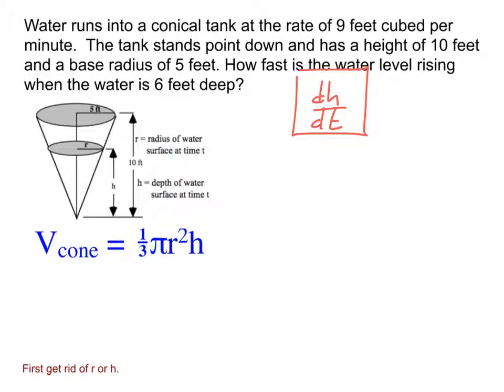The only way that I'm not going to end up with dr over dt is if I eliminate r from this equation. Well, remember earlier we were able to figure out what r equaled, right? We can actually use some of that information because I know that 5 over 10 equals r over h.